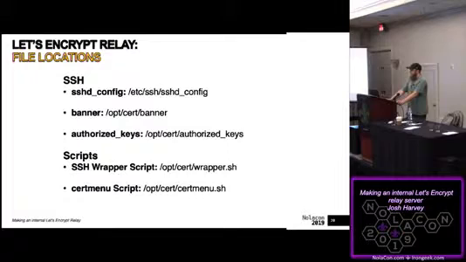Once the SSHD is configured, we can copy the SSH wrapper script and the CERTMENU script to the CERT directory, which is a directory I created during the process because it was easy for me to remember, and that's pretty much the only reason why. Any of these locations, for the most part, can be customized. I just made it paths that were easy for me to remember.